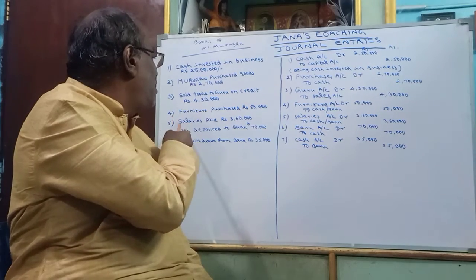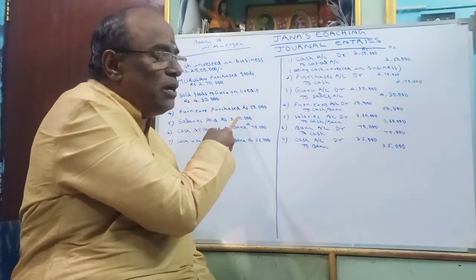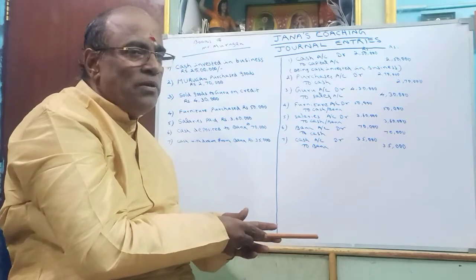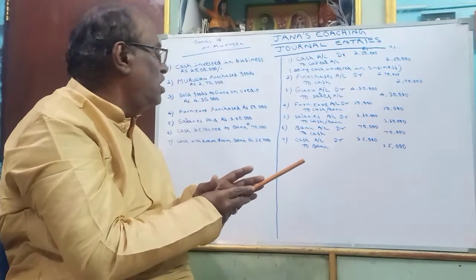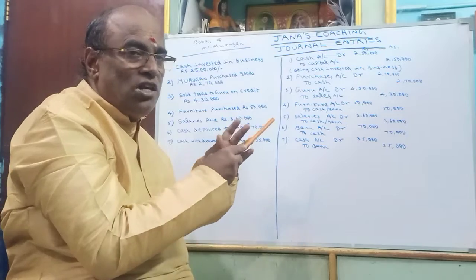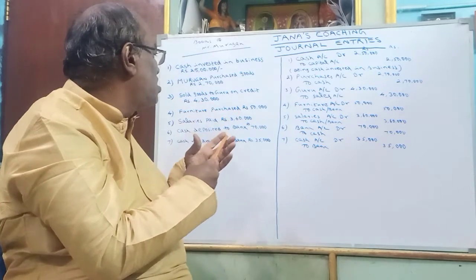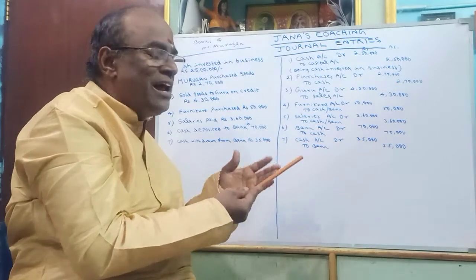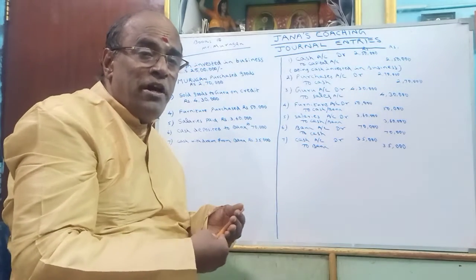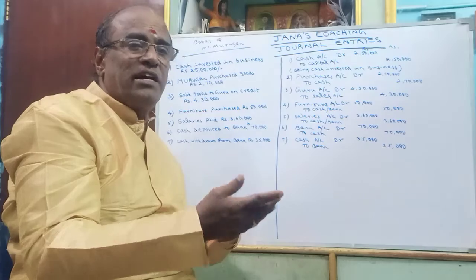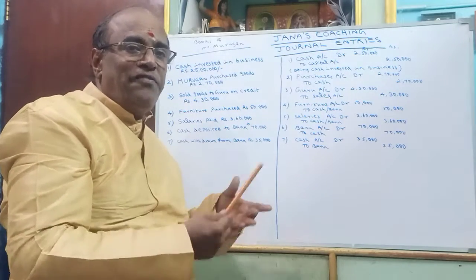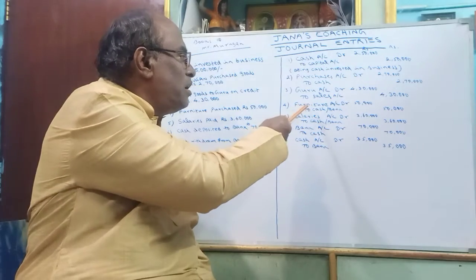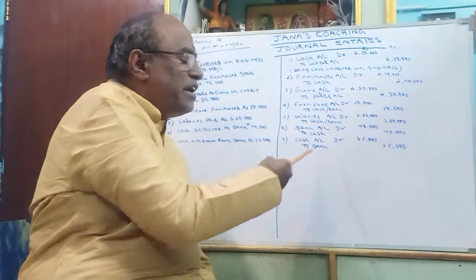Fourth transaction, furniture purchased rupees 50,000. For this business, Mr. Murugan is the entrepreneur, and he is purchasing the furniture for rupees 50,000. So what is coming in? Yes, correctly, furniture is coming into the business. So debit what comes in? Furniture account debtor. Credit what goes out?